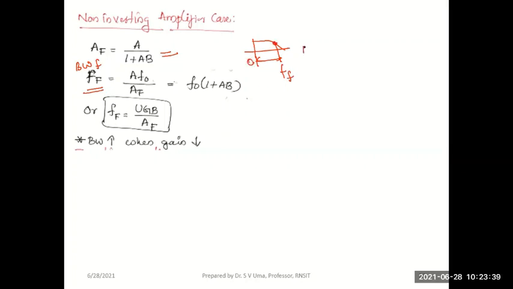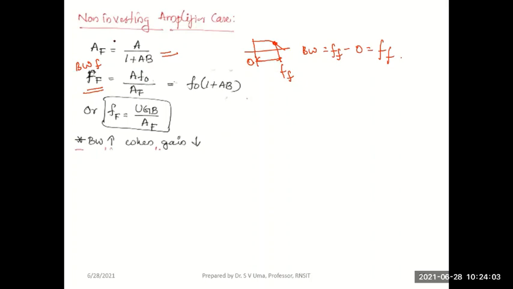So the total bandwidth in this case is FF minus 0, which is FF. Since one end is at 0 for the op-amp frequency response characteristics, we can always consider its bandwidth as the higher cutoff frequency of the amplifier. And this amplifier higher cutoff frequency is indicated as FF.